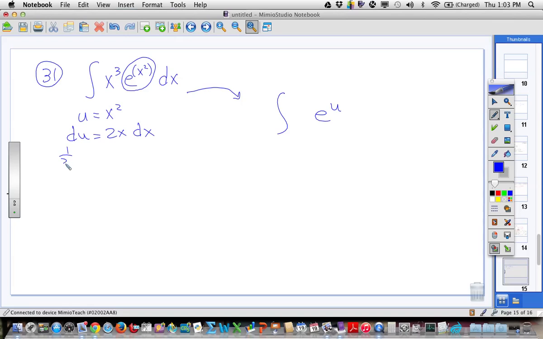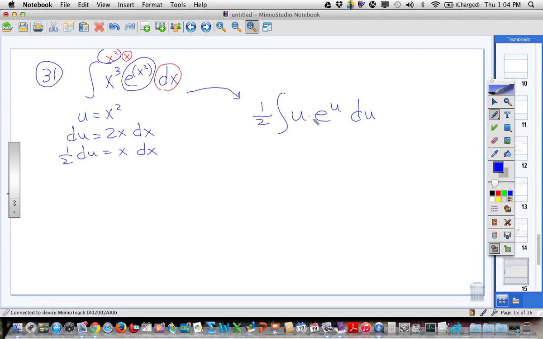The 2 I'm going to move over here. Now, is there an x dx here? There actually is. We just learned that in the last problem. The x cubed, we can do that to it. So the x and the dx becomes a 1/2 and a du. And then this x squared is u, and so we can put a u there.